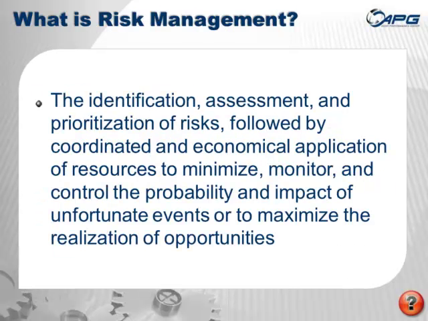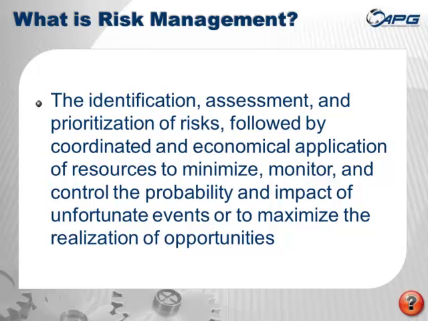So risk management then takes that one step further. Risk management suggests that it could be described as the identification, assessment, and prioritization of risks. We manage risks first by knowing what they are, understanding what their impact will be, and then manage them by prioritizing from the most severe and extreme to the least severe and extreme, and follow up with coordinated and economical application of resources.